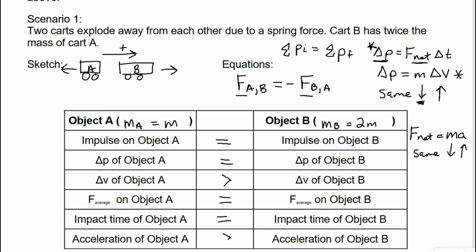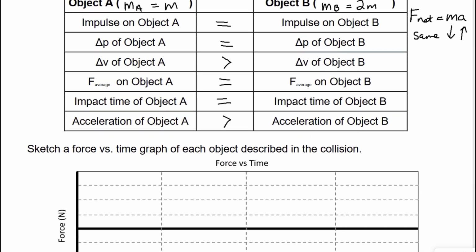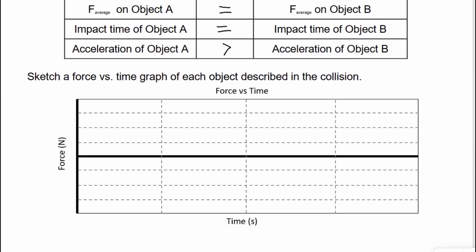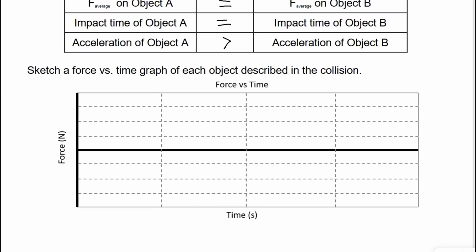The next thing we want to look at here is to sketch ourselves a force versus time graph. If we consider both of these components, where let's say the collision happens from here to here because we know that that's the same amount of time, one of the objects is going to have a positive force.